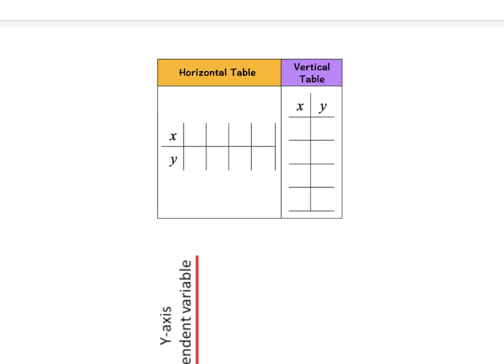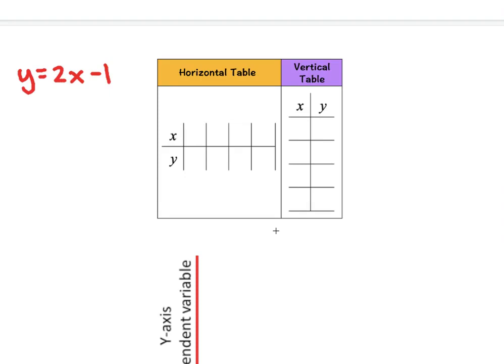I'm going to create the equation y equals 2x minus 1. When I have that equation, that's kind of like my rule. So I can then create a table with that equation.